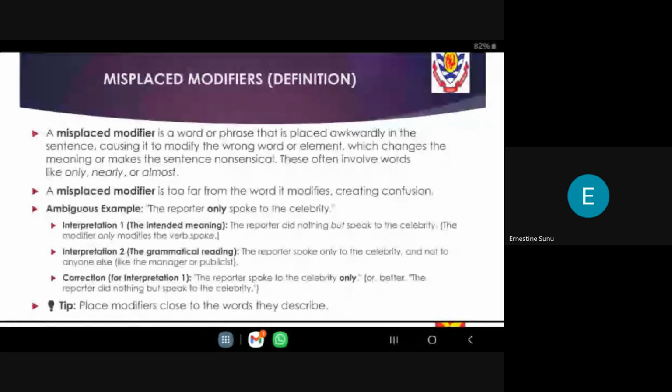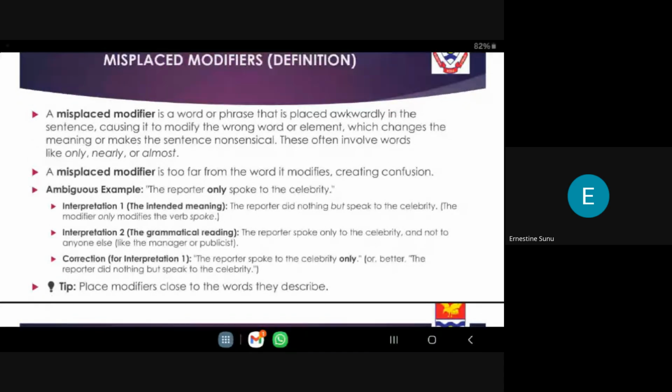So an example is: the reporter only spoke to the celebrity. So in order to clear the ambiguity, make sure you take the degree modifier close to what you are modifying. Then you can clear the ambiguity. So an example, the correct form is: the reporter spoke to the celebrity only. That is one meaning. Another one can be: the reporter did not.